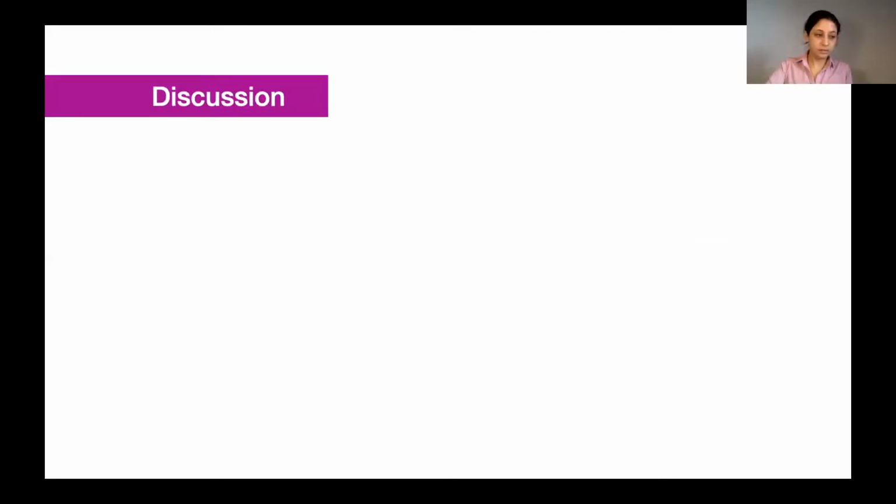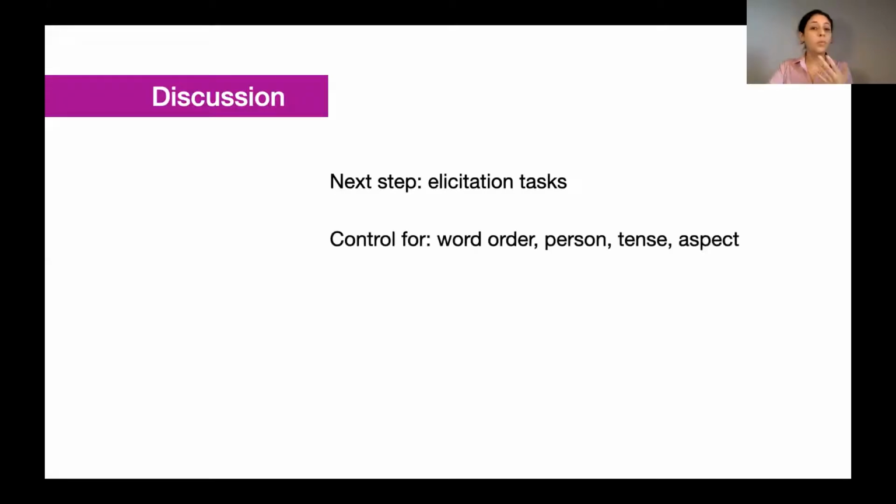So, even though it's lovely to work with naturalistic data, I acknowledge that it has limitations because there are many things that I can't control for. So the next step for this research project is to have elicitation tasks so that I can control for more factors, especially linguistic factors, like word order, which appears to be relevant.